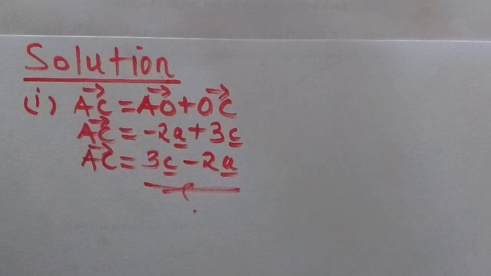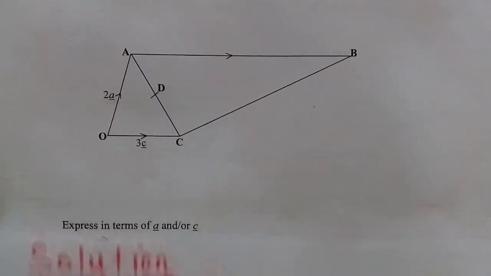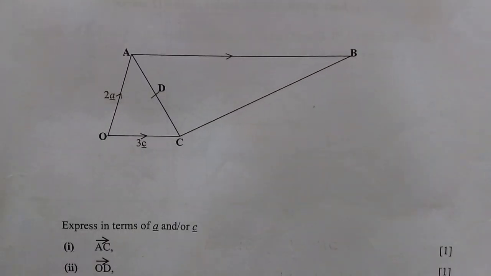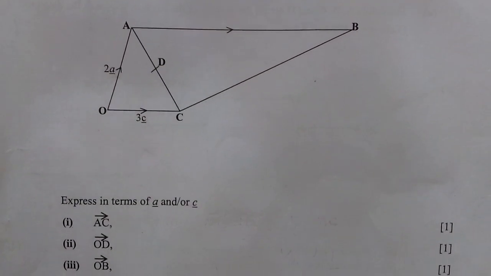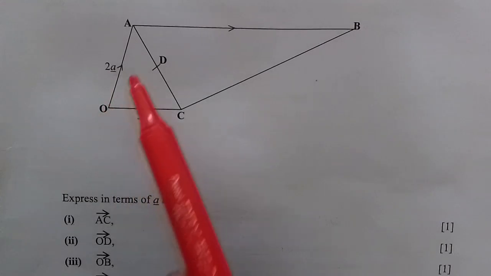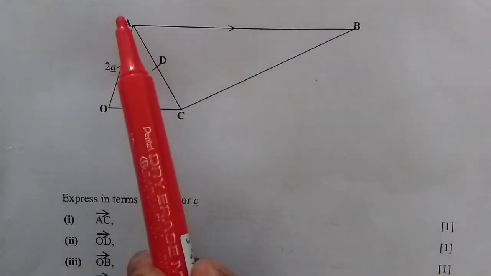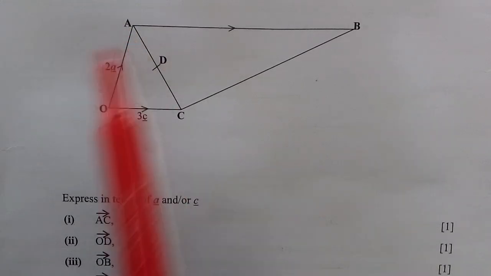Then we go to Roman numeral 2. On Roman numeral 2, we want to get the vector OD. So what is vector OD? To get vector OD, we will take the vector OA and AD.